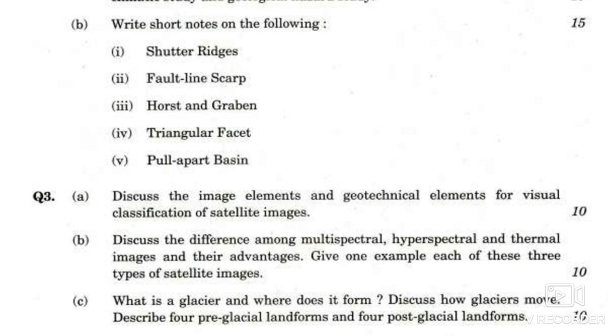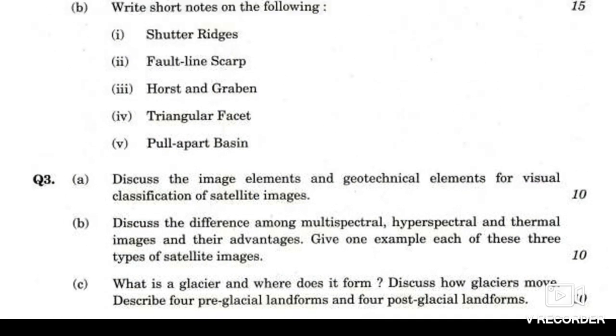And you have to discuss the difference among multispectral, hyperspectral and thermal images and their advantages, and give one example each of these three types of satellite images. Because there are different types of remote sensing, like multispectral remote sensing, hyperspectral remote sensing and thermal images. So we have to discuss with suitable examples also.